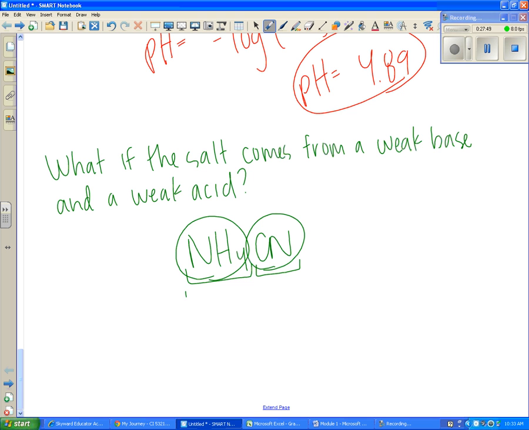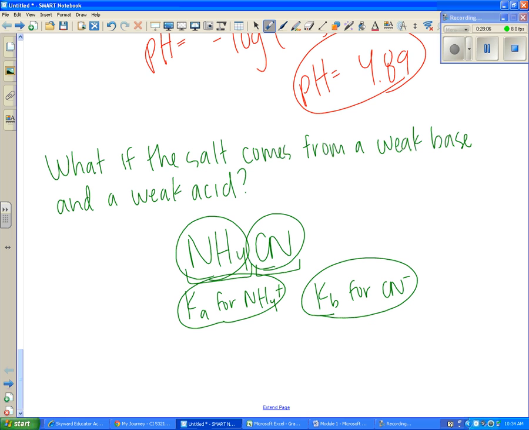So if I could figure out the Ka for the ammonium ion and the Kb for the cyanide ion, I could compare: is this bigger than this, or is this bigger than this? Which is bigger will tell me whether the solution is going to be acidic or basic, which one is going to dominate in that solution.